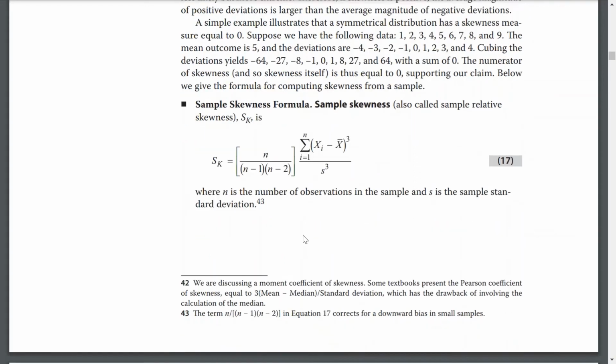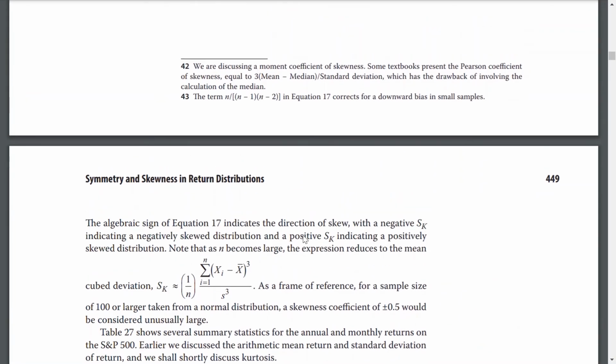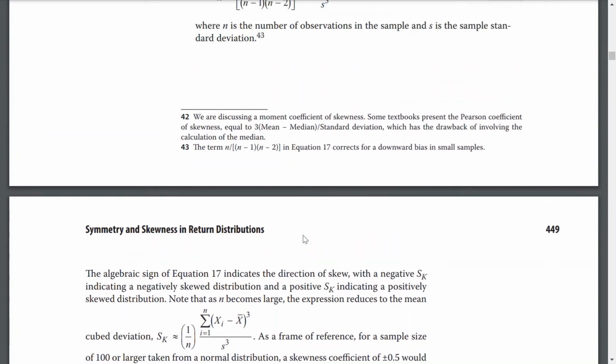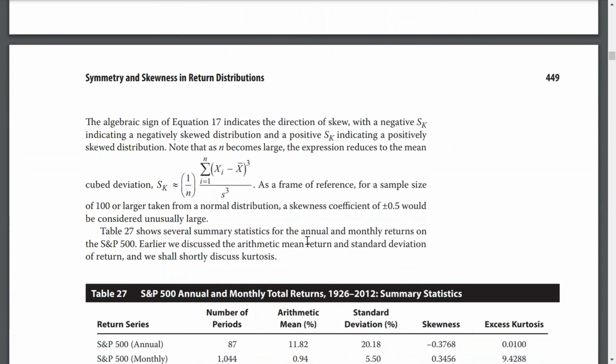The algebraic sign of equation 17 indicates the direction of skewness, with a negative SK indicating a negatively skewed distribution and a positive SK indicating a positively skewed distribution. Note that as n becomes larger, the expression reduces to the mean cubed deviation. S_K equals this, as a frame of reference for a sample size of 100 or larger taken from the normal distribution.